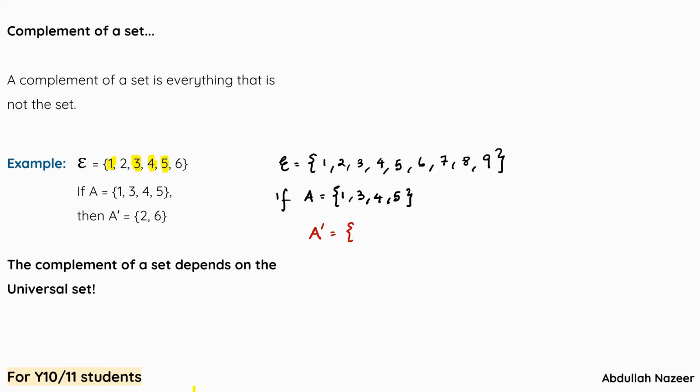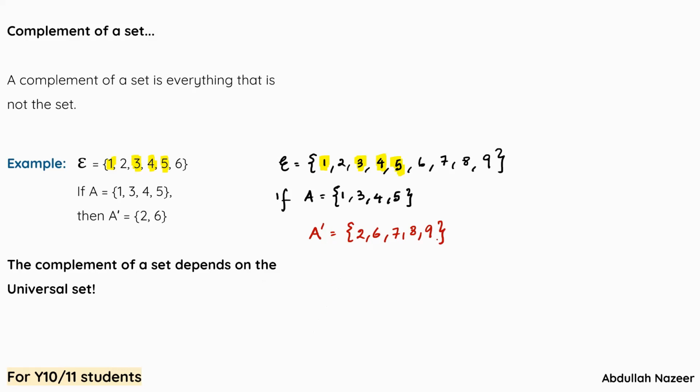To find that, let's highlight the ones that belong to A. So 1 belongs to A, 3 belongs to A, 4 belongs to A, 5 belongs to A. So the numbers that don't belong to A are 2, 6, 7, 8, 9. So the A complement for this set is the set 2, 6, 7, 8, 9.